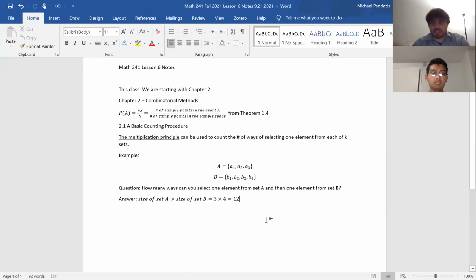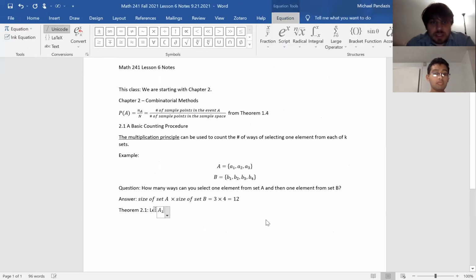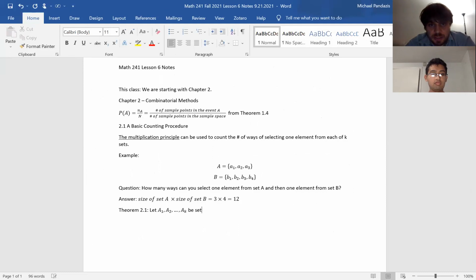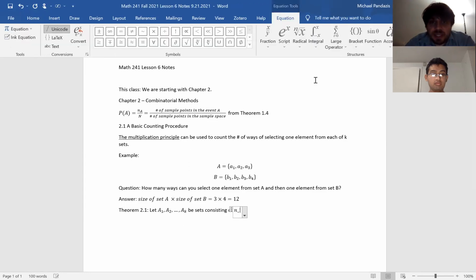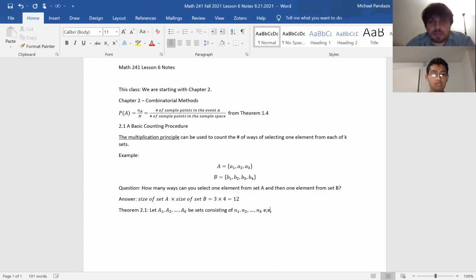Okay, here's the next theorem. This is theorem 2.1. Let A1, A2, and so forth, A sub k, be sets consisting of n1, n2, up to and including n sub k elements respectively.